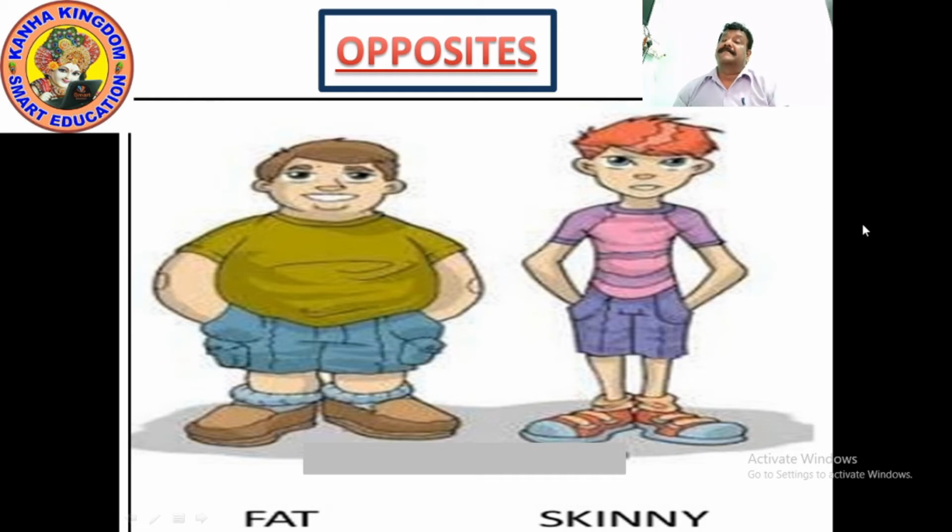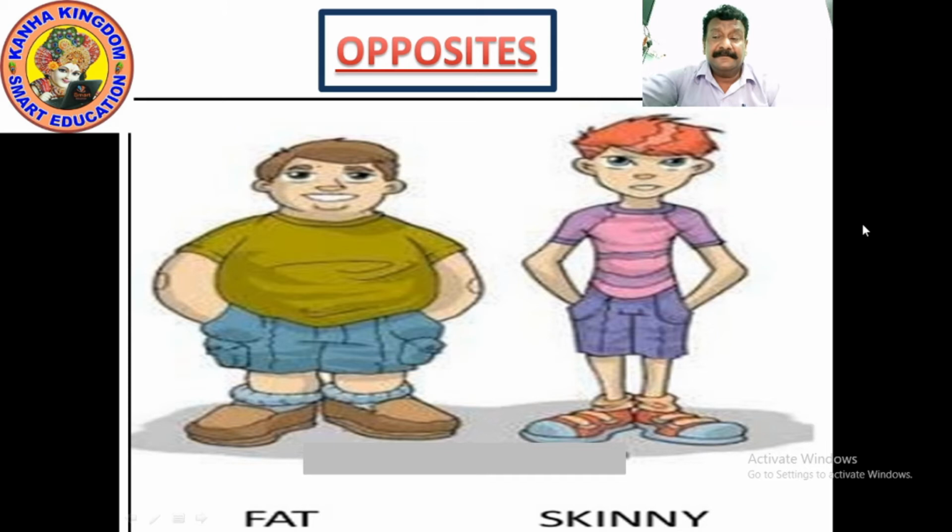His weight is much more. He is good at eating and everything, so he has become fat. And the second one is skinny. We can see his bones, his elbow bones. He doesn't have much muscle. He is skinny.